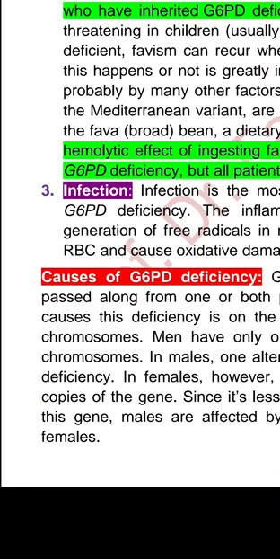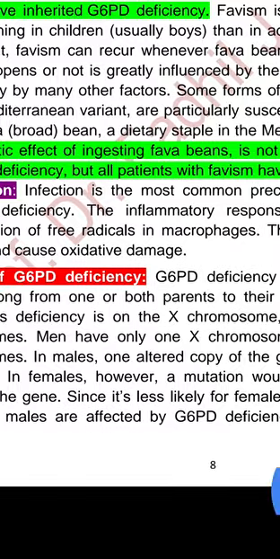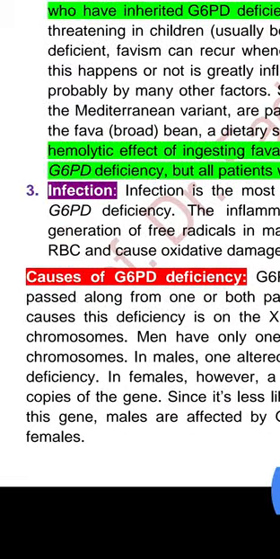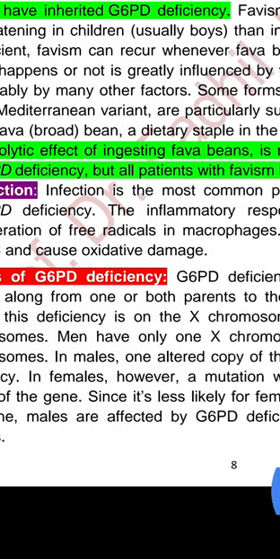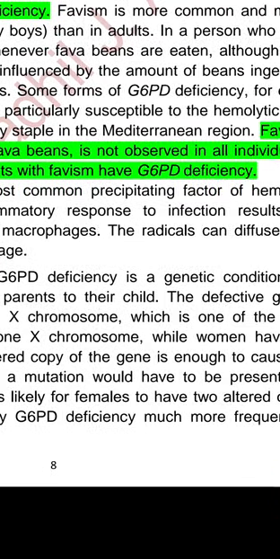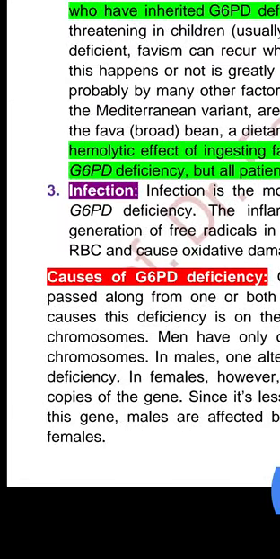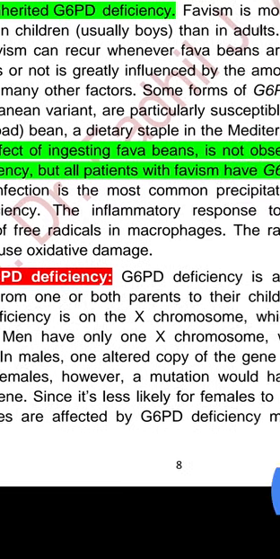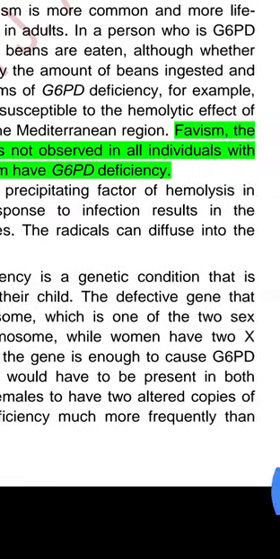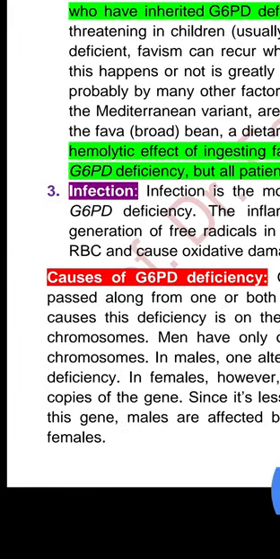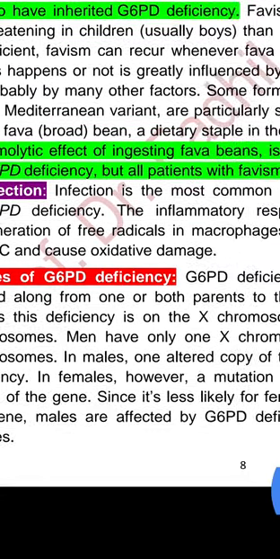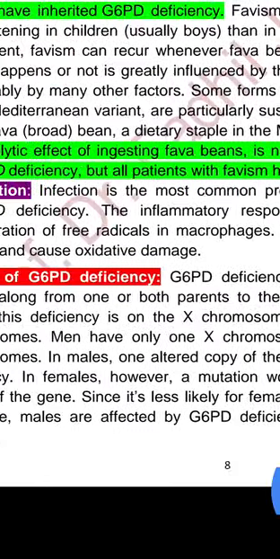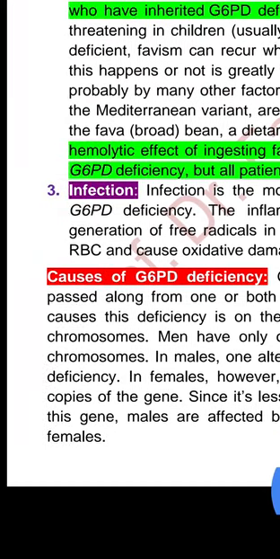In males, one altered copy of the gene is enough to cause G6PD deficiency. In females, however, a mutation would have to be present in both copies of the gene, since it is less likely for females to have two altered copies of the gene. Males are affected by G6PD deficiency much more frequently than females.